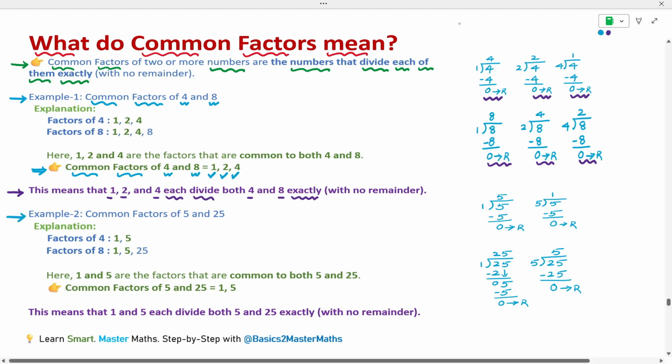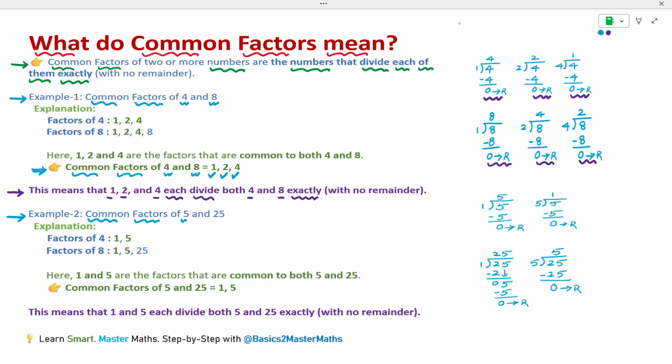Example 2. Common factors of 5 and 25. We know that common factors of 5 and 25 are 1 and 5.